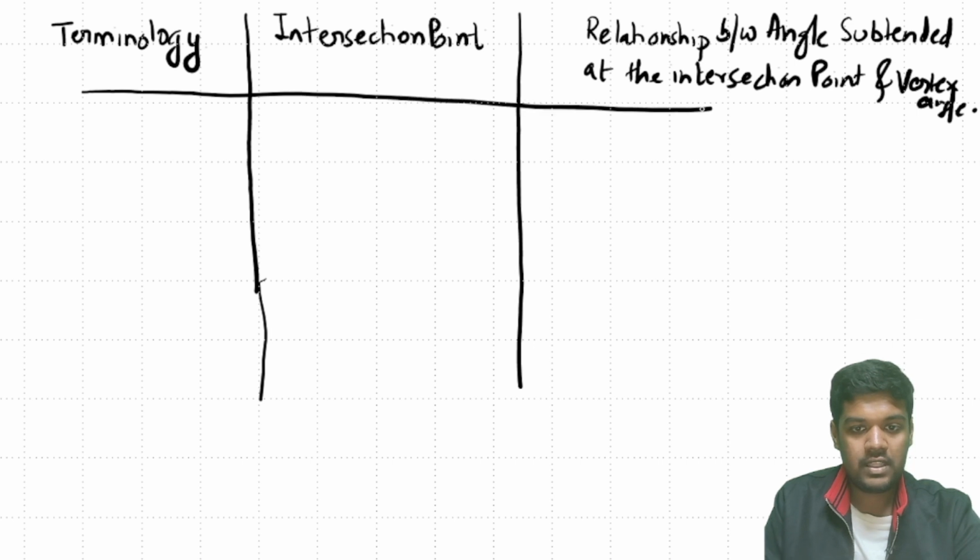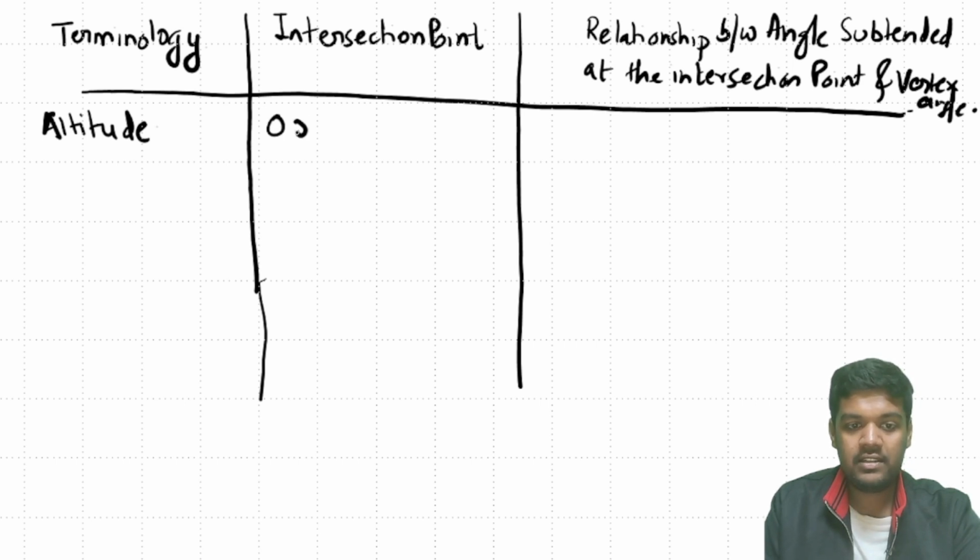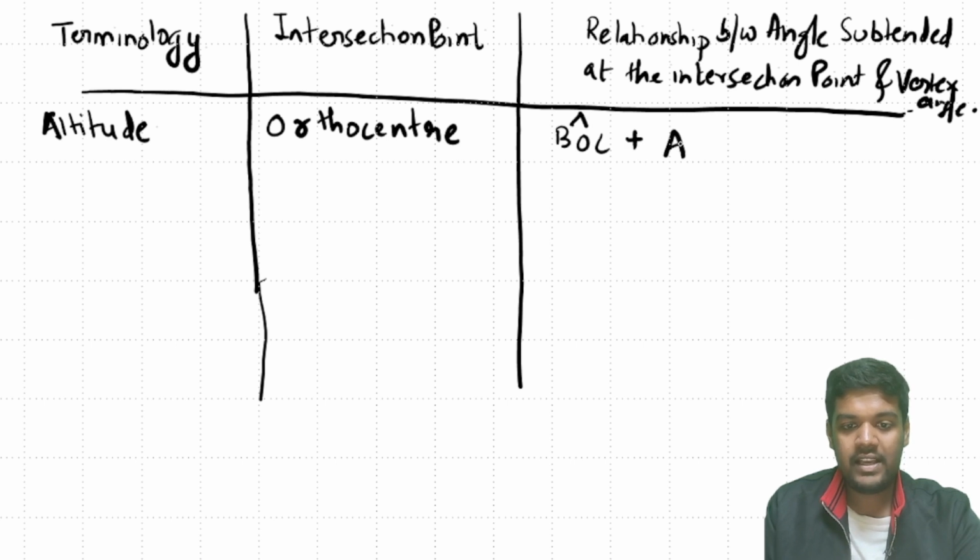So let's see one by one. We have altitude. If altitudes intersect, they meet at orthocentre. और orthocentre में हमारा formula क्या था? They are supplementary. So angle BOC plus angle A equals 180 degrees.